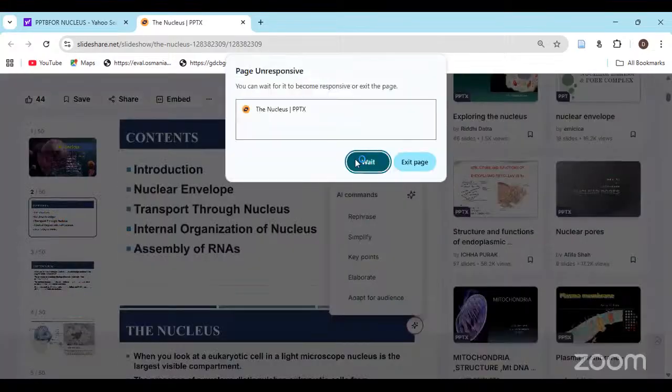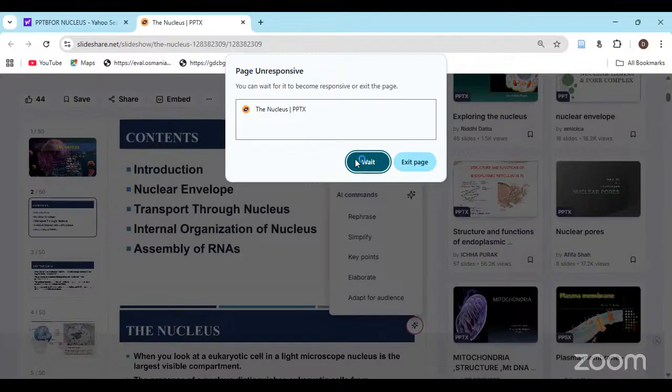Main function: genetic information storage. DNA is the hereditary blueprint of the organism. Control center: regulation of cell growth, metabolism, and protein synthesis by controlling gene expression.